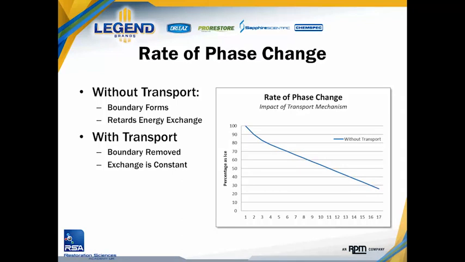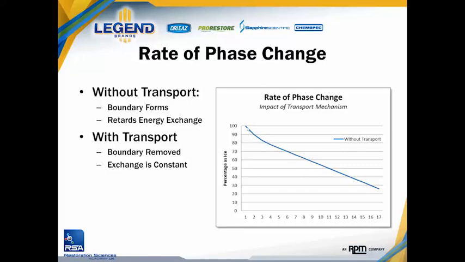Now the flow has a name. The technical name for that flow is the transport mechanism in phase change, whether we're talking about melting or evaporation. Without transport, we can see here that we start with ice, this ice cube being 100% ice, and then as time transpires, less of the ice is still ice and it's becoming liquid water. So how much of the ice is still remaining a solid is what we're looking at over time on the graph.